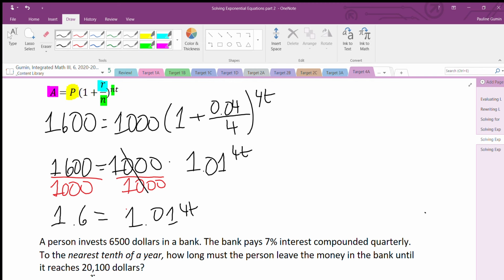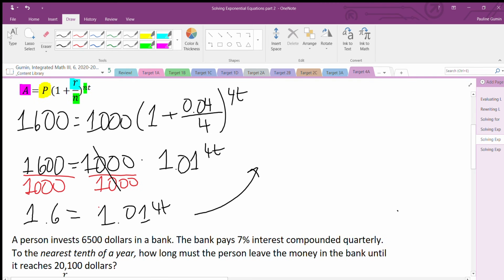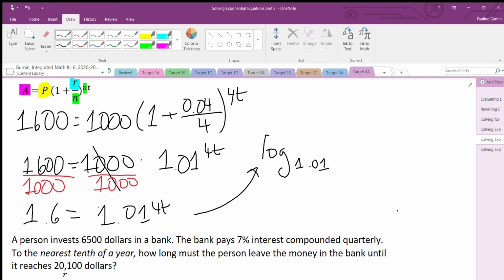Now what I'm going to do next is transform it into a logarithm, because that's what we do when we don't know the exponent. This becomes log with a base of 1.01, the same as my exponent base, of 1.6 equals 4t. Before getting t by itself, I put log base 1.01 of 1.6 into my calculator, and I rounded it.